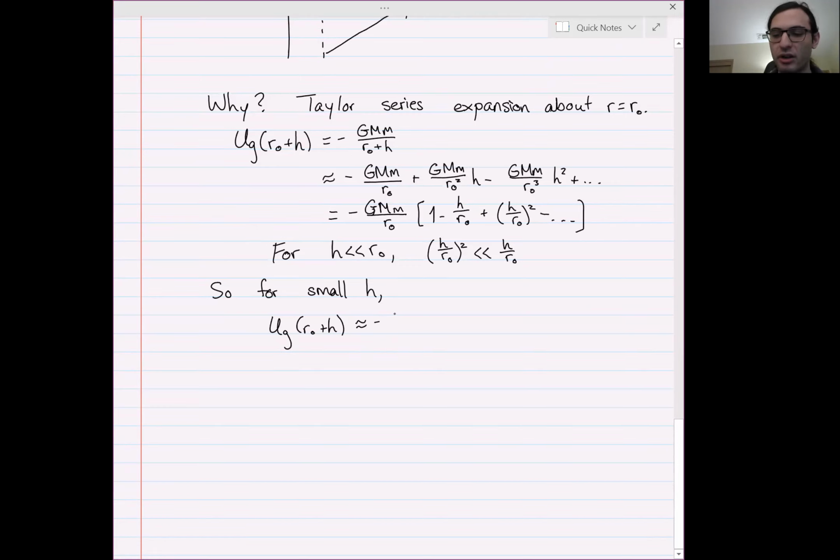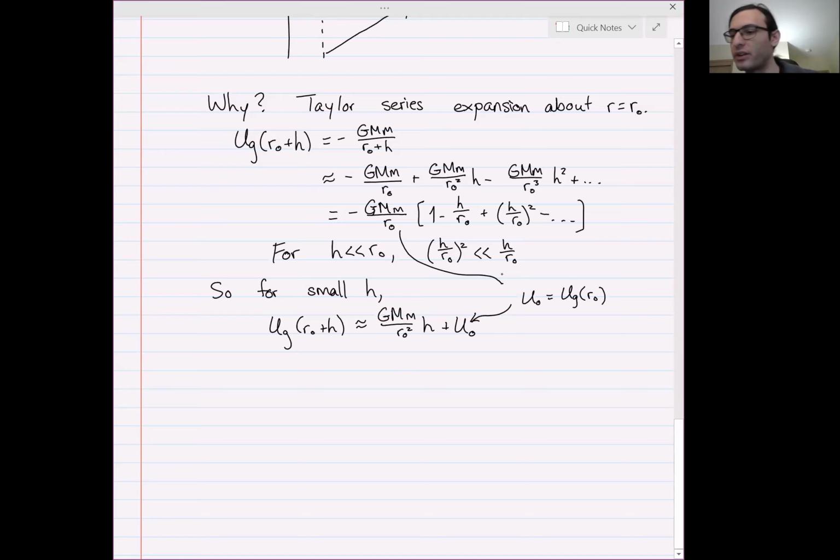GMm over r naught squared times h plus U naught, where U naught is equal to U sub g of r naught. That first term is what it boils down to. The Taylor series is expanded about h equals 0.